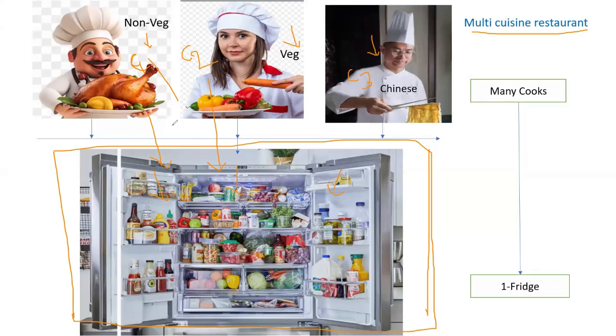But it is decided based on which chef got the order first. For example, if the non-veg chef got the order 0.001 second earlier than veg, he will go first and pick the wanted items.